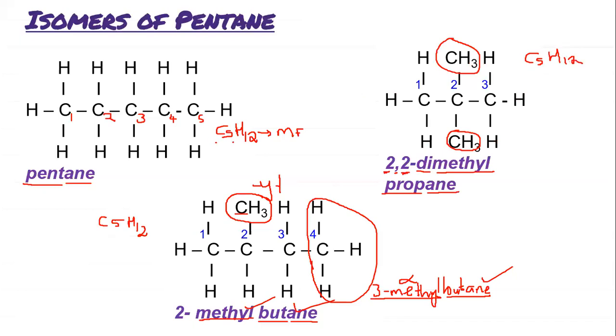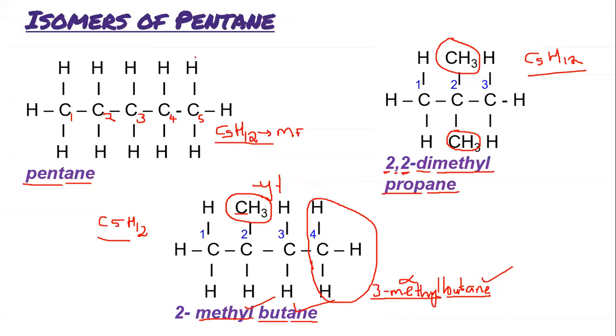So all these molecules are C5H12. They have the same molecular formula, but different structural formulae, so they are classified as isomers. Specifically, they are classified as chain isomers, because they are organic molecules with the same molecular formula but different types of chain.